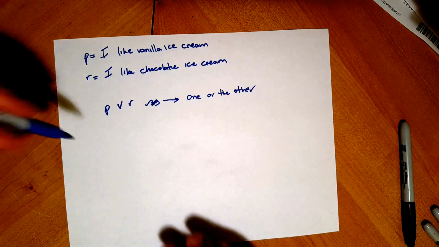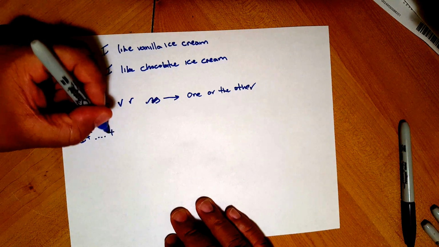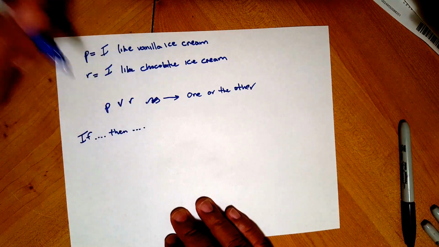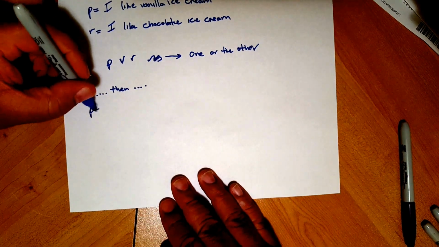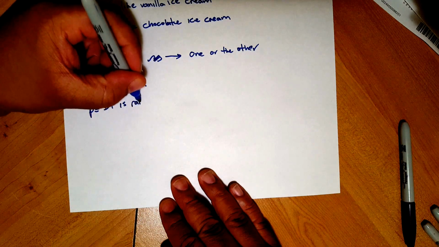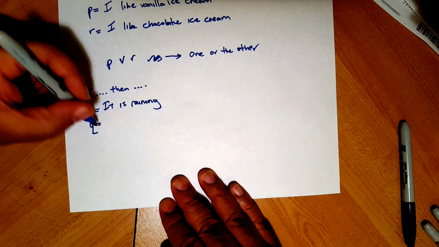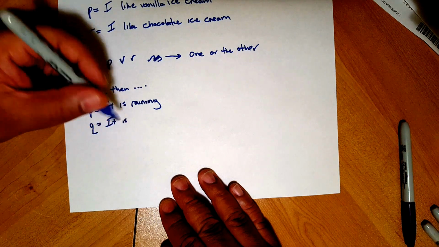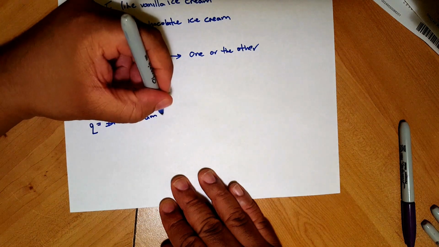So our next one is if then. So if something, then something else. So let's go back to my original examples of P: it is raining. And Q, I am using an umbrella.